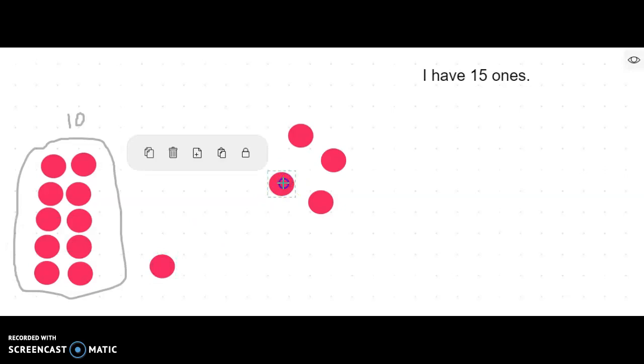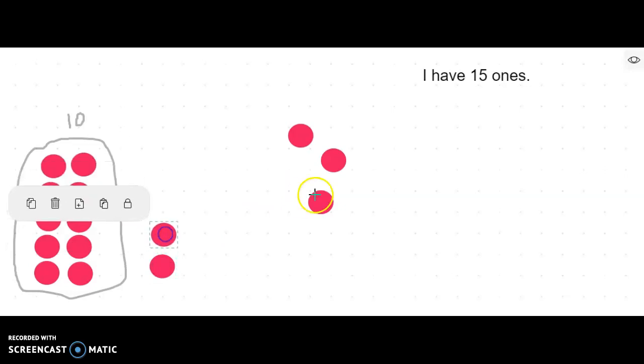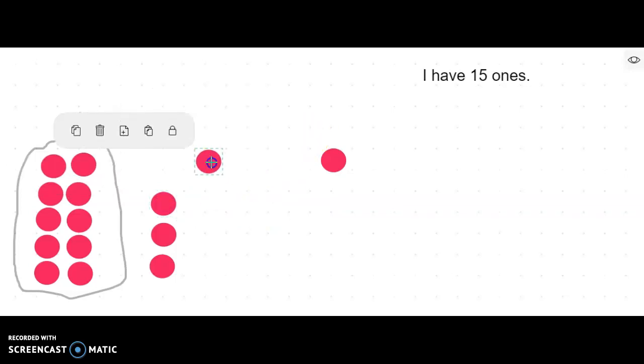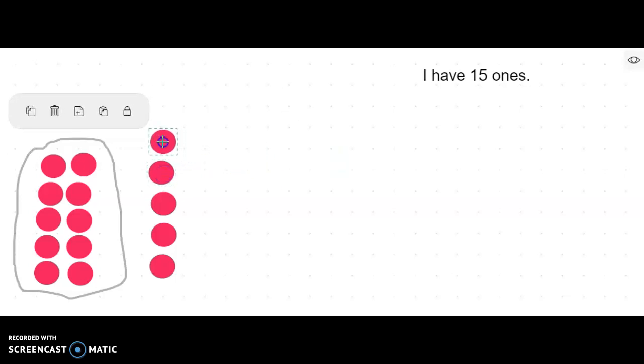1, 2, 3, 4, 5. Okay. So I took my 15 ones and I organized them into 1 ten and 5 ones.